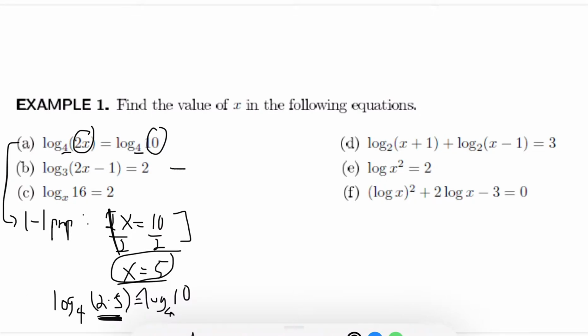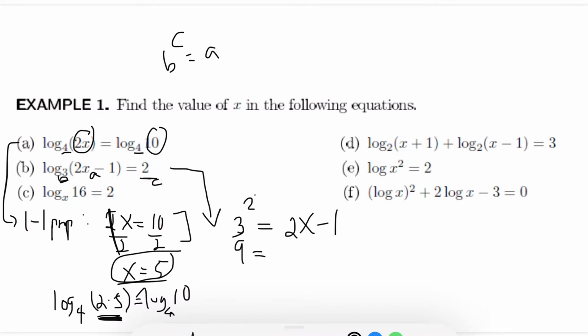Letter B. How do we solve letter B? We cannot use the one-to-one property because there is no log base 3 on the other side. But we can use transformation. I will transform this to its exponential form. In exponential form, we have b raised to c equals a. So 3 raised to 2 equals a, 2x minus 1.